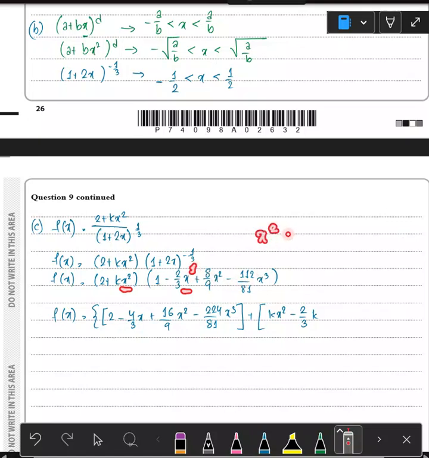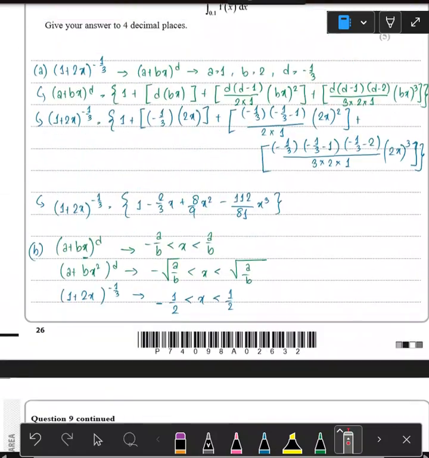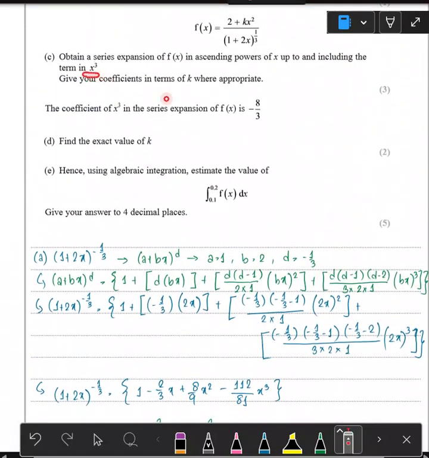So when you have x squared multiplied by x to the power 1, the powers will add. So 2 here, 1 here, 2 plus 1 is 3. So this would be kx to the power 3. We'll expand up to this because we are asked to expand till we get x cubed, as the question mentioned here.